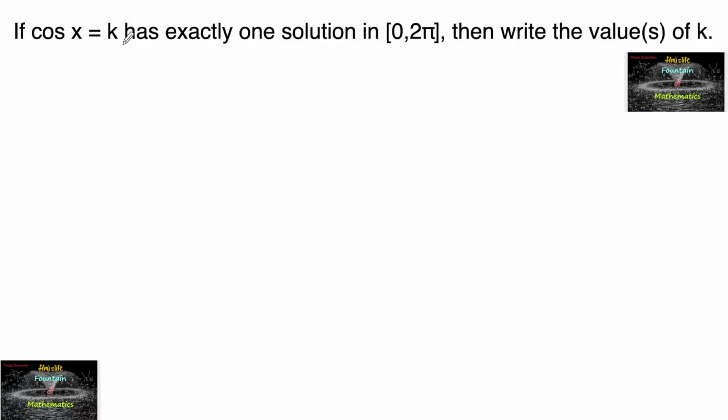If cos x is equal to k has exactly one solution in 0 to 2 pi, then write the values of k. So let us consider the graph of cos in 0 to 2 pi.